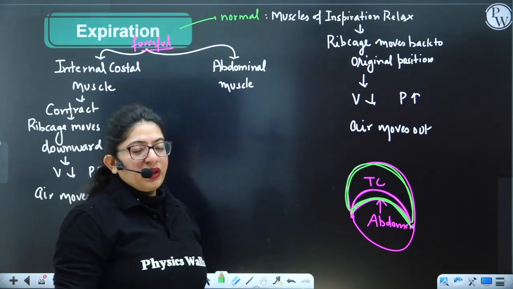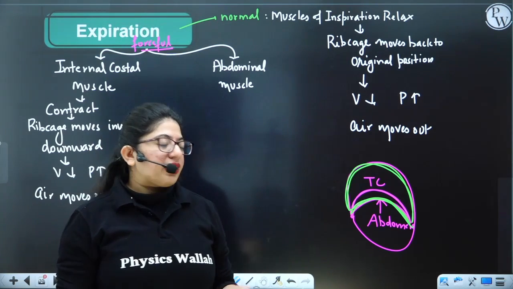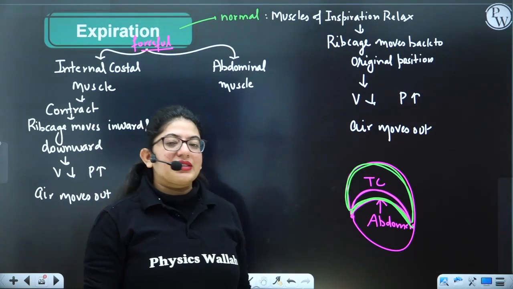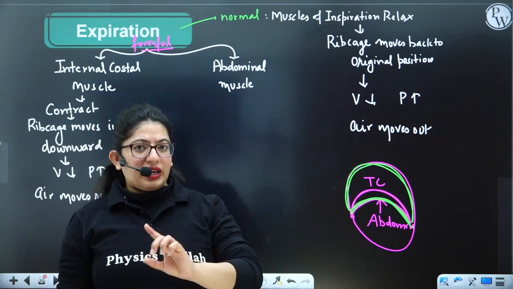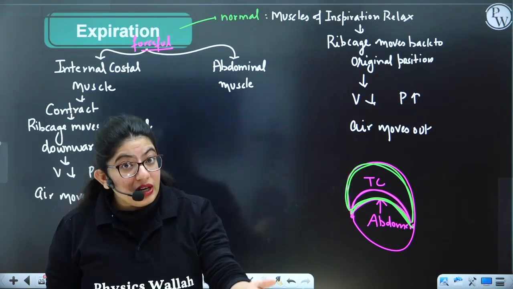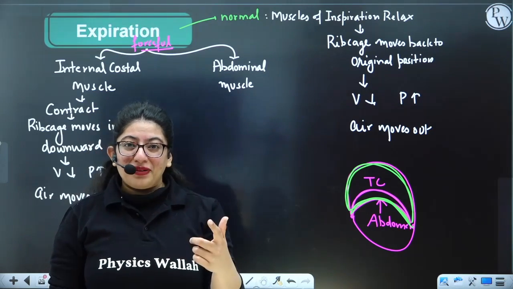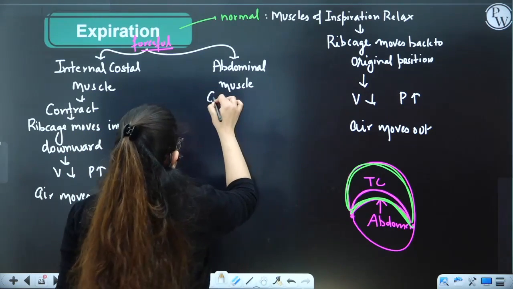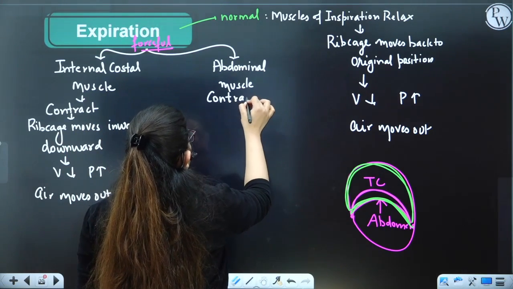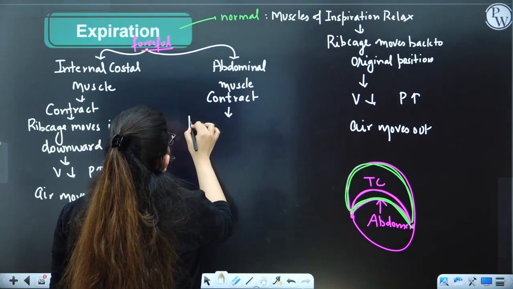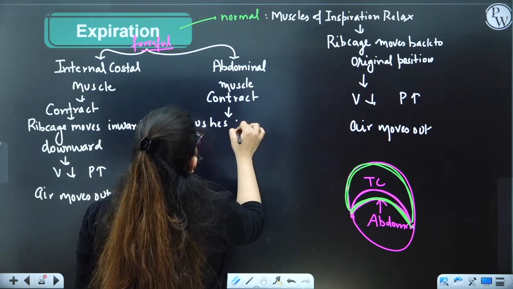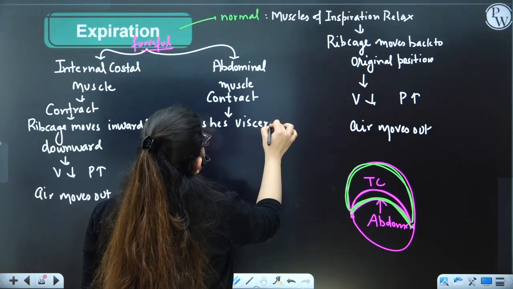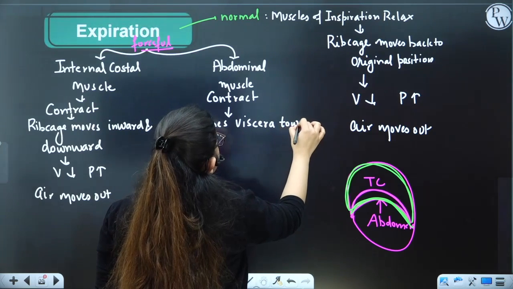The first one. So when the abdominal muscles contract, they are pushing the diaphragm upwards. As a result, the volume of the thoracic cavity decreases, the pressure will increase and the air will move out. So what happened here? These muscles contract, pushing the viscera towards the diaphragm.